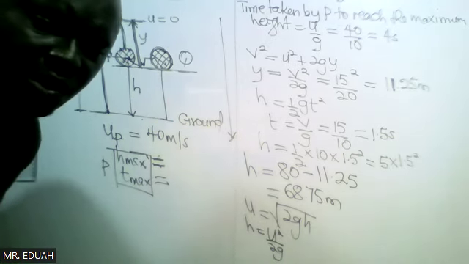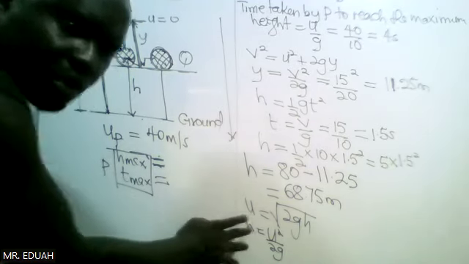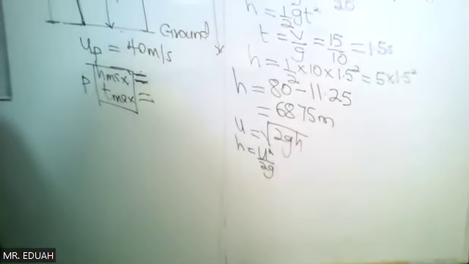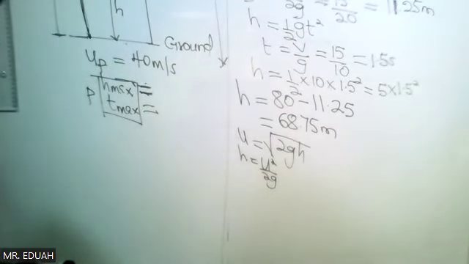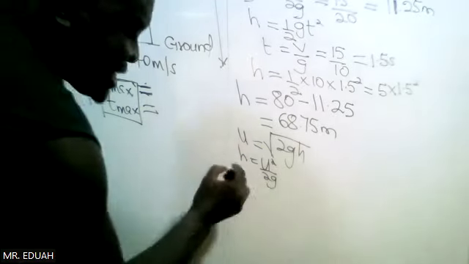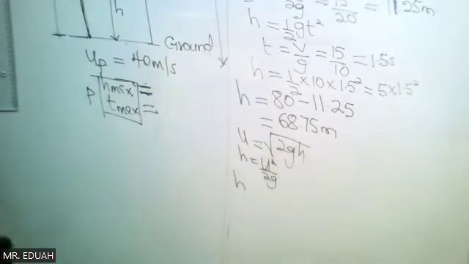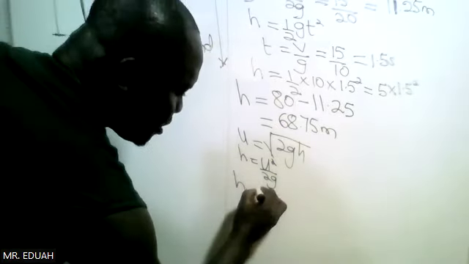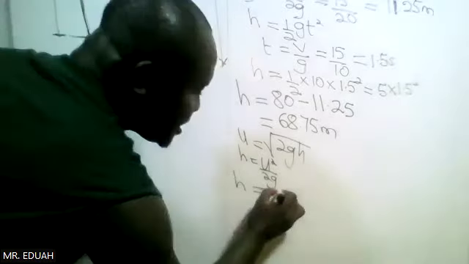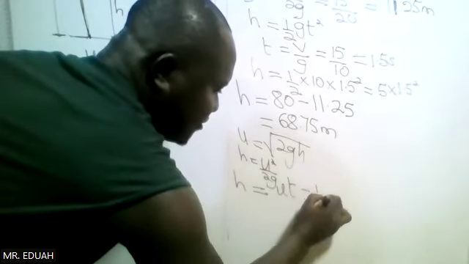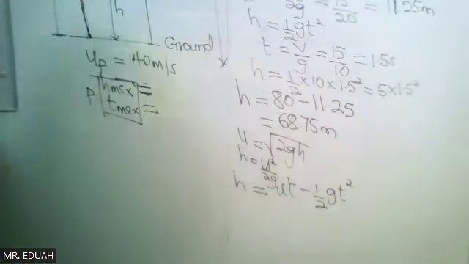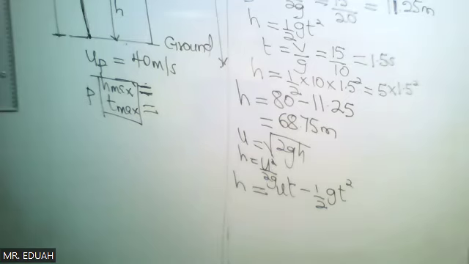So you can't simply use this when you don't know the maximum height of Q. The best relation you can use is at any height h traveled by Q: h will be equal to Ut minus half gt squared.